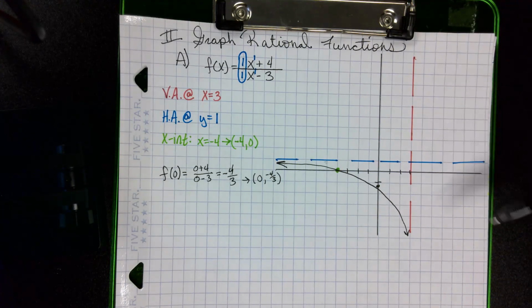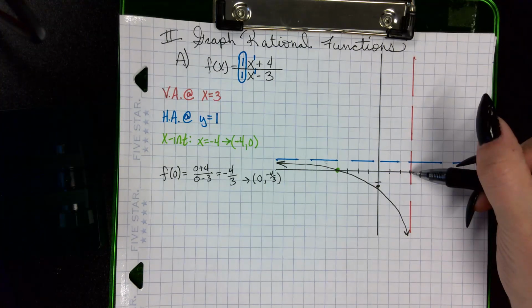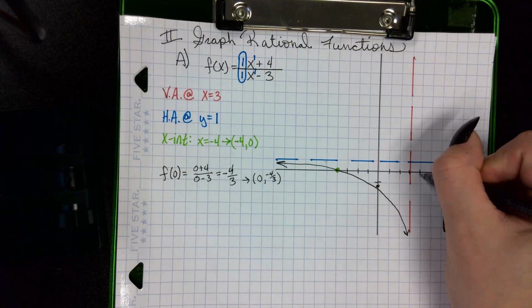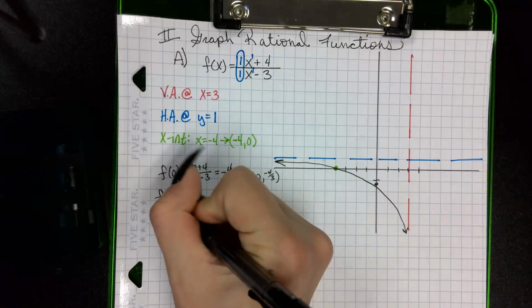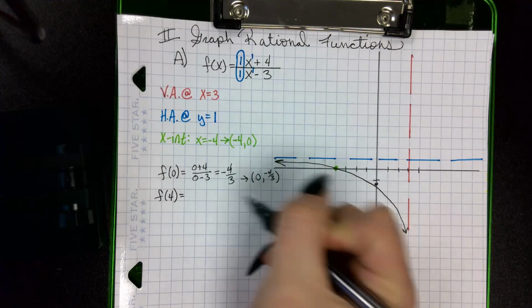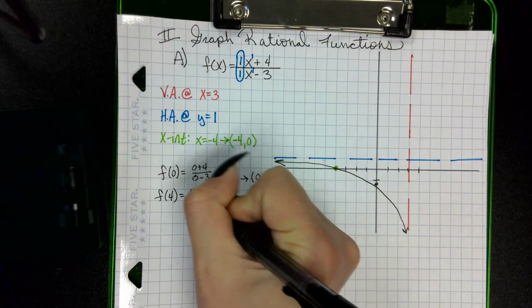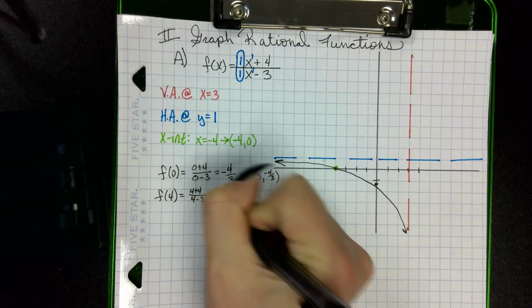And then I need a graph on the right-hand side of my vertical asymptote. Well, I don't have anything plotted over here on the right-hand side. So I need a test point. The asymptote's at 3, so I could just go over one more space. Let me test when x is 4. Where does the point land? So f of 4 gives me 4 plus 4 over 4 minus 3.